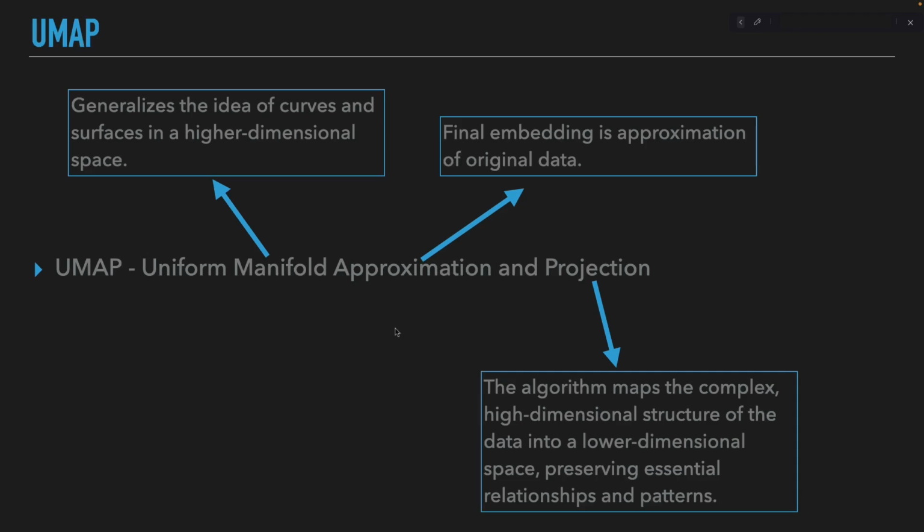So a curve is a manifold in two-dimensional space, a surface is a manifold in three-dimensional space, and the generalization of these shapes in four-dimensional, five-dimensional, six-dimensional spaces, these are manifolds. We have the manifold in the name because the algorithm aims to capture the shape the data is making in this high dimensional space.